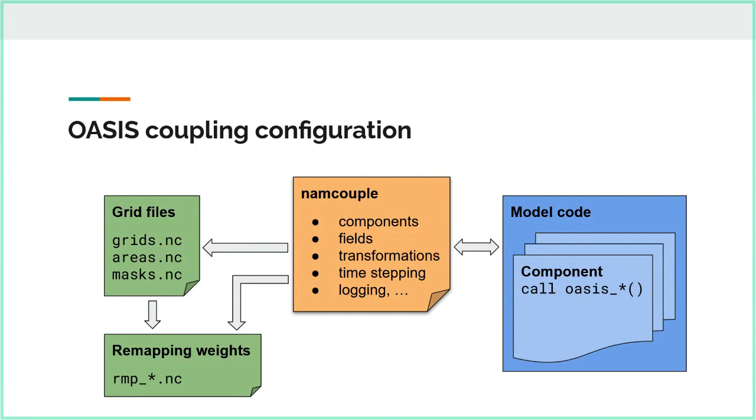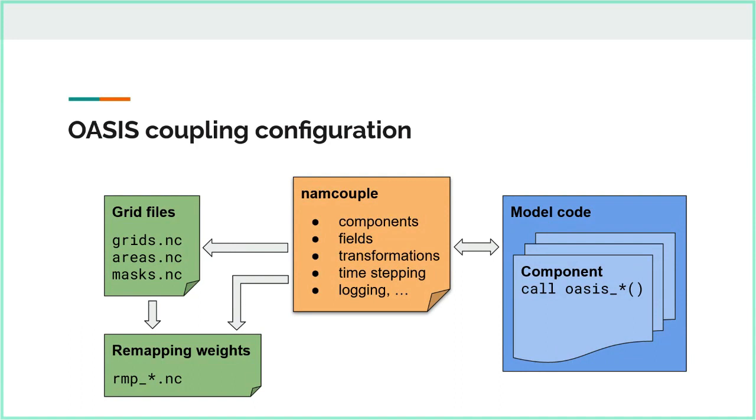So some PhD student wants to change something, so they go into the numcouple file and make changes, and that has an effect. But even if you have a released version, EC-Earth is quite a diverse model and it has a diverse consortium, so there are all kinds of different configurations, and if you switch on or off your biogeochemistry in the ocean, that has an effect on the numcouple file, and as the arrows indicate, that has an effect on other files. So this is a problem for us.